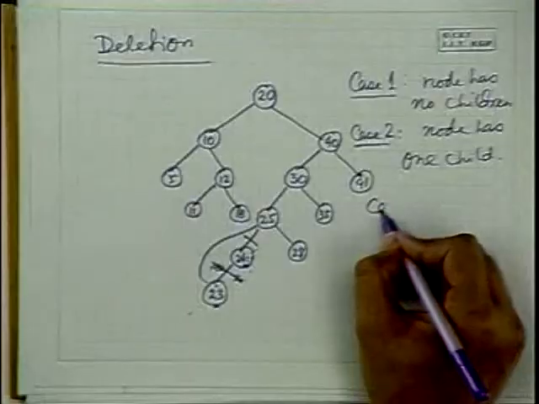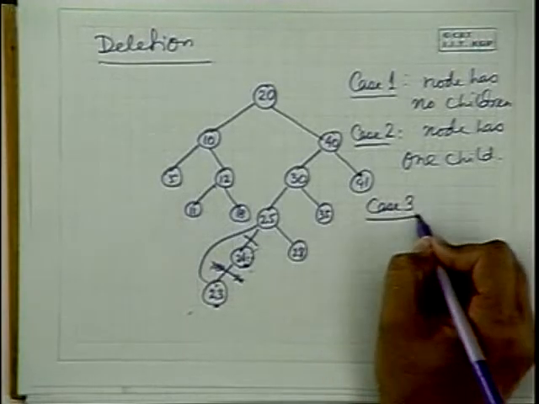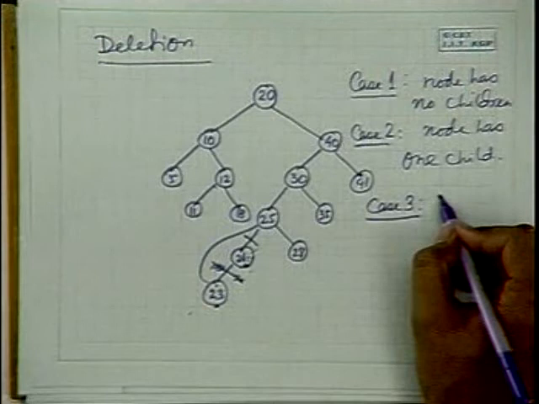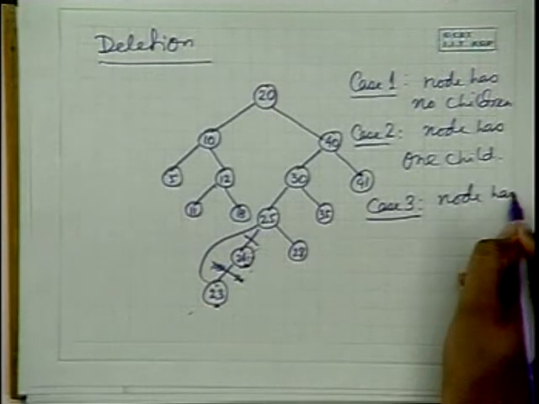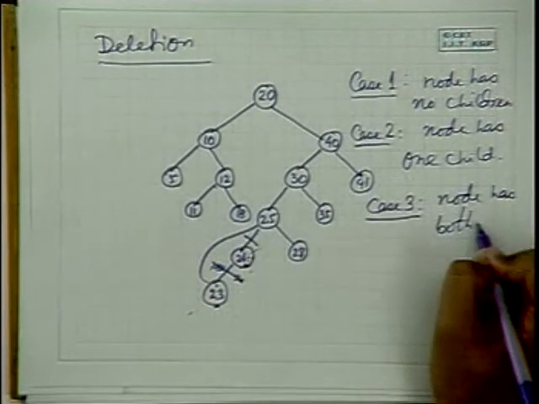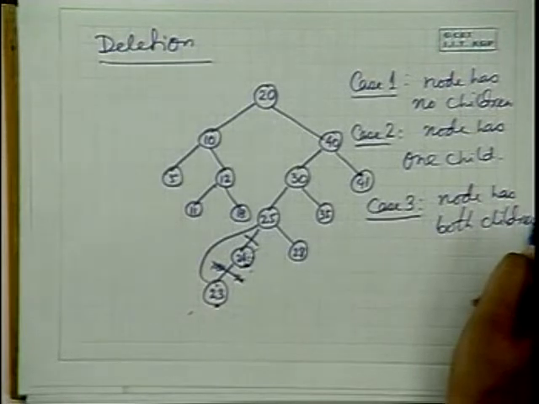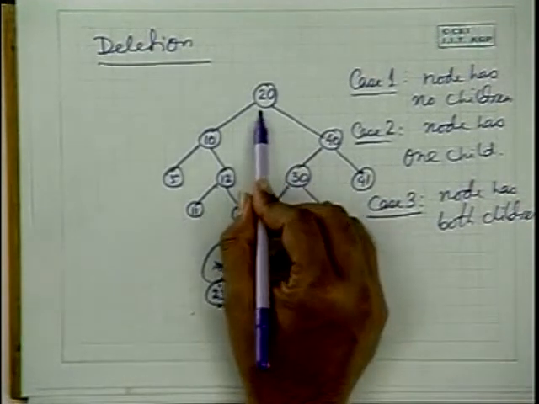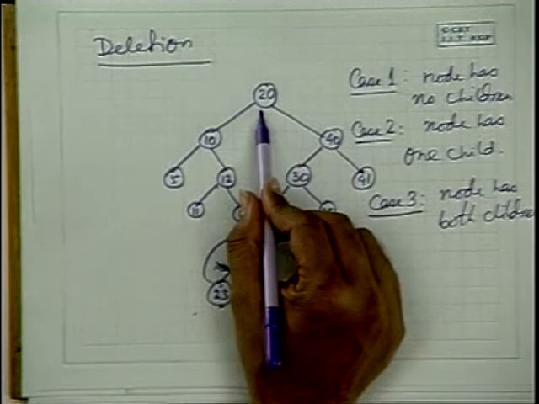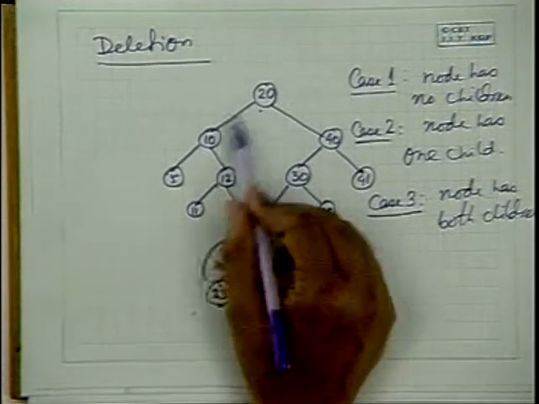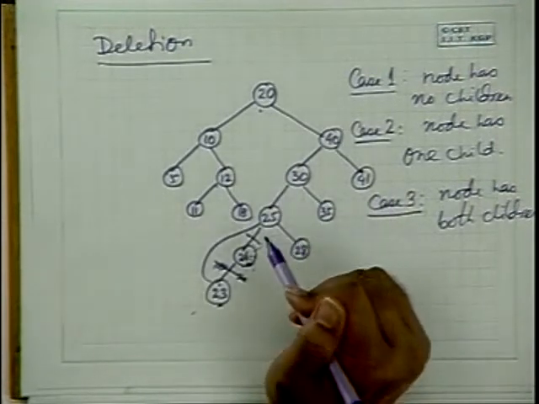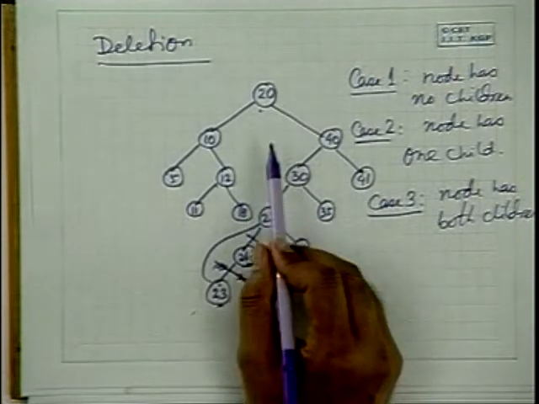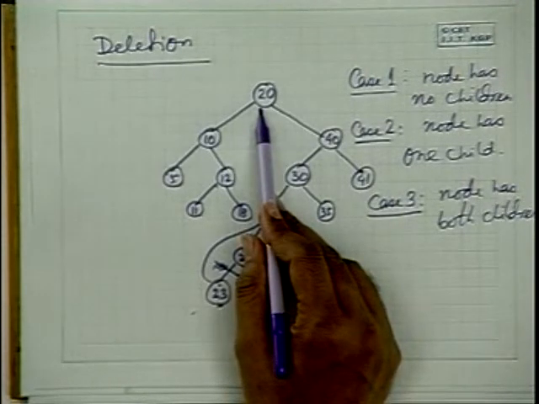Now there is one more case, when the node has both children. Like I can take the root. Suppose I say delete this node. It has both children. What would you do now? You first find out its successor.